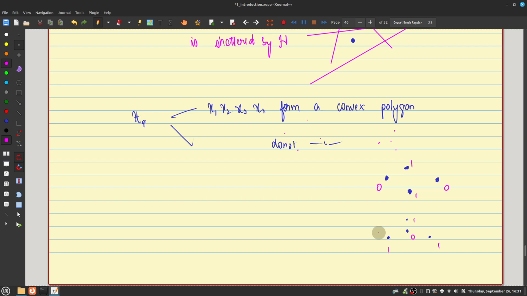This is impossible to generate using a hyperplane classifier. So no set of size 4 can be shattered.